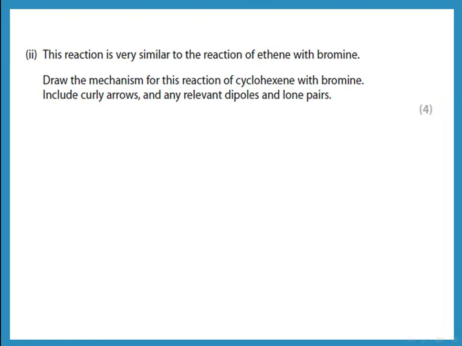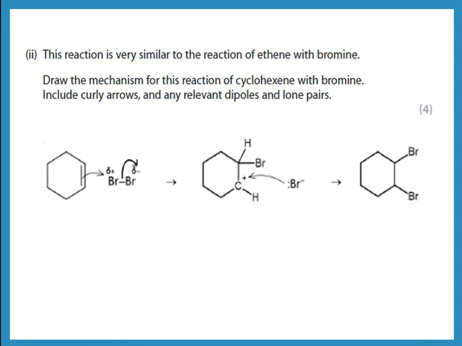Remember, again, when we have an alkene with a halogen, this is called electrophilic addition. The double bond attacks the slightly positive end of the Br. Remember, if we have the two Brs, then we write a slightly positive charge on one of the Brs and a slightly negative on the other. So the double bond attacks the positive.